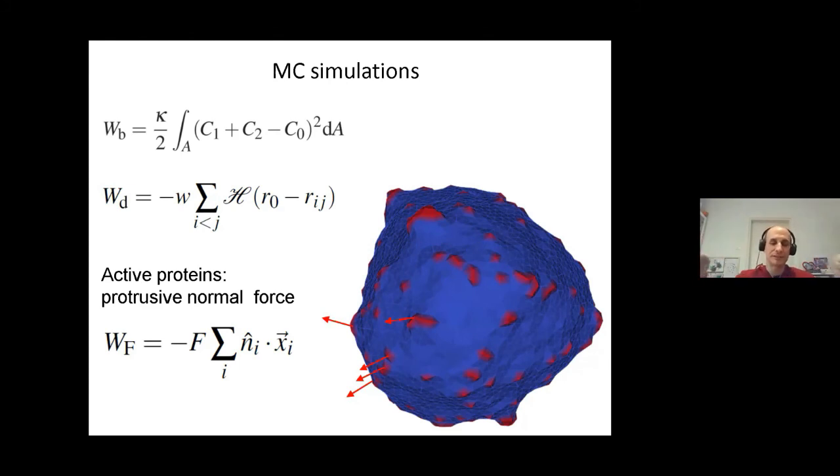But the point is that this external force is constantly changing its location, because one minute this is the outwards normal, another minute it's this direction, the outwards normal. So each protein is in effect being pulled by an external field, but that external field is not just gravity pulling everybody downwards, it's constantly changing its location in space. So that means that if you have a constantly time-dependent external field, it's not an equilibrium system.